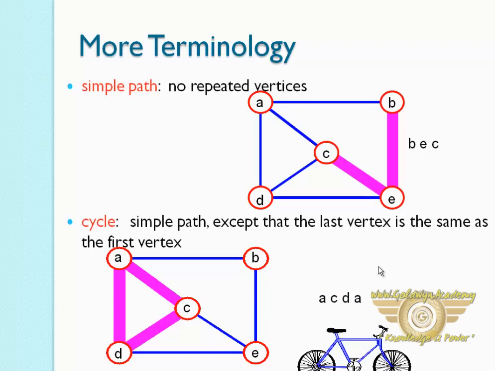Simple path. There are no repeated vertices, as shown in the figure. A cycle. A cycle is a simple path except that the last vertex is the same as the first vertex. As shown in the diagram, ACDA forms a cycle.